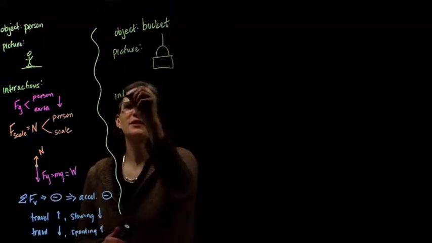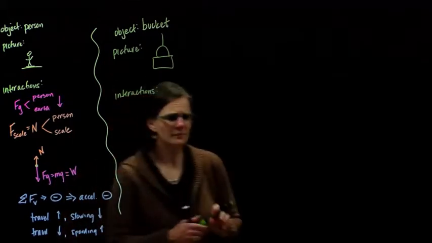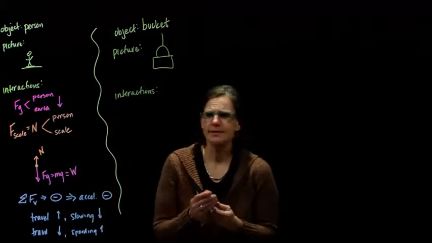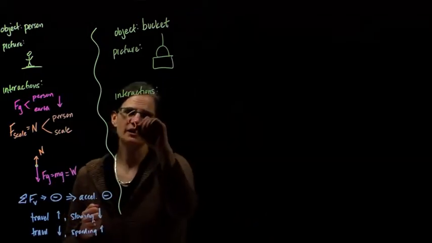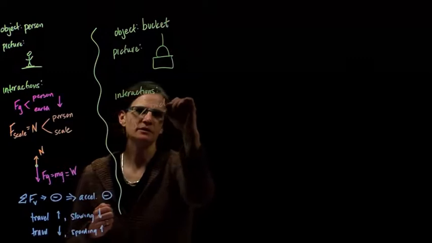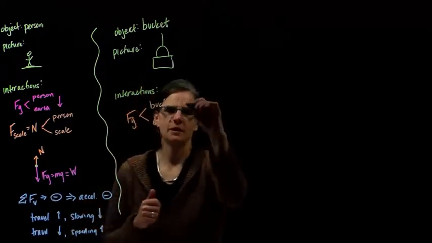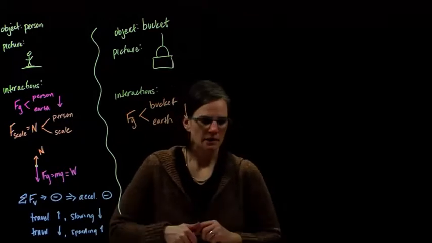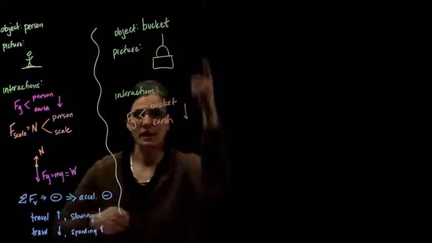Now let's think about our interactions. I'm going to hold off on the free body diagram for a moment, and let's first look at our interactions. Well, we know that there's gravity. So we have the force of gravity, and that's going to be between the bucket and the earth. That always acts down. Now the bucket is being lowered down to the ground, so we also know that the string is attached.